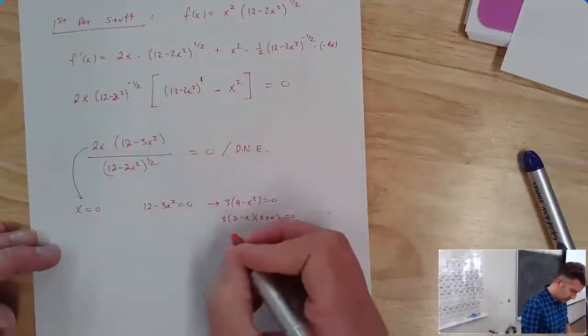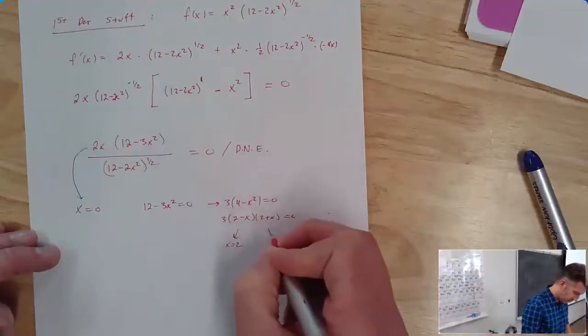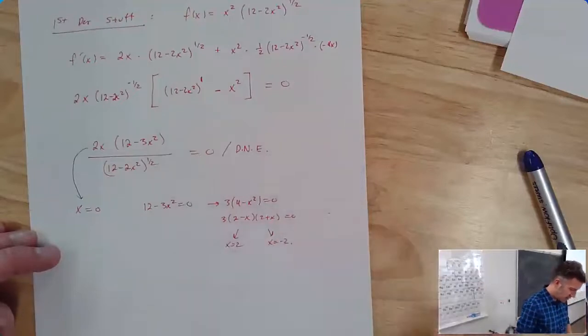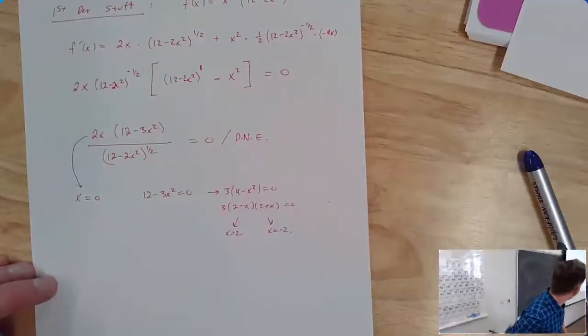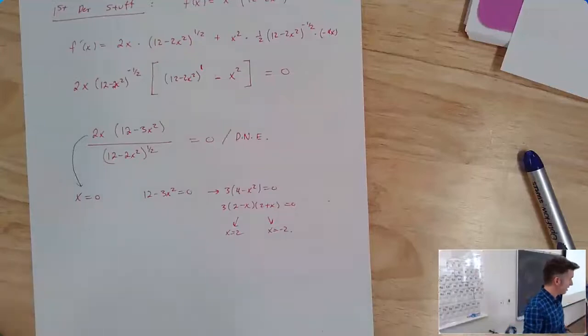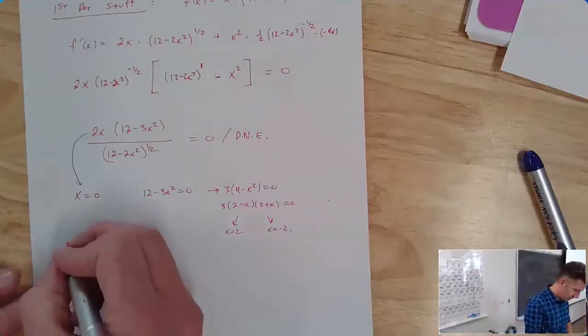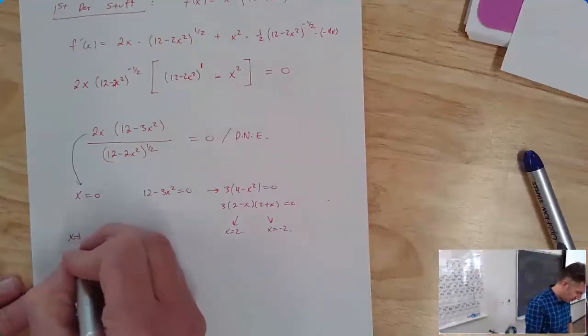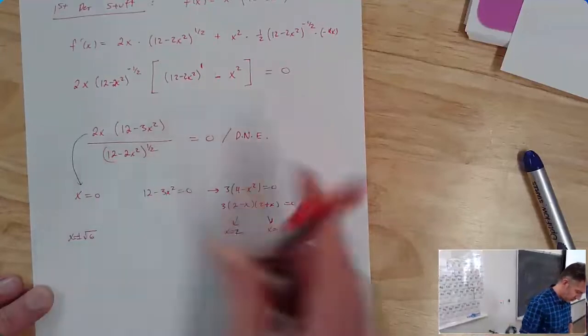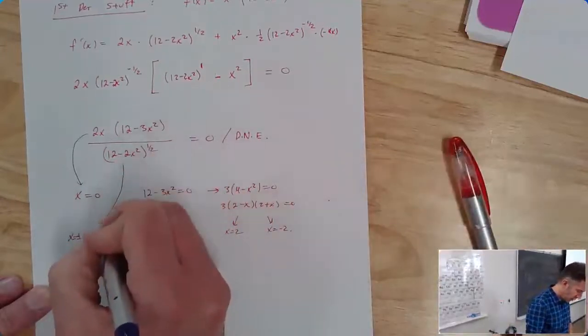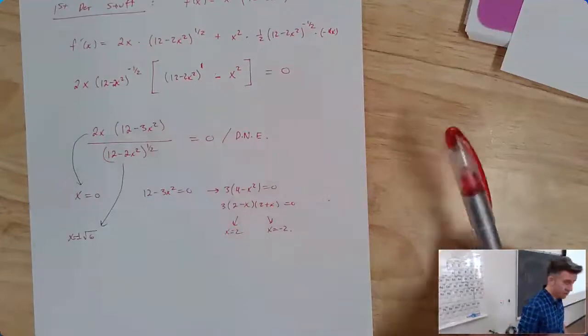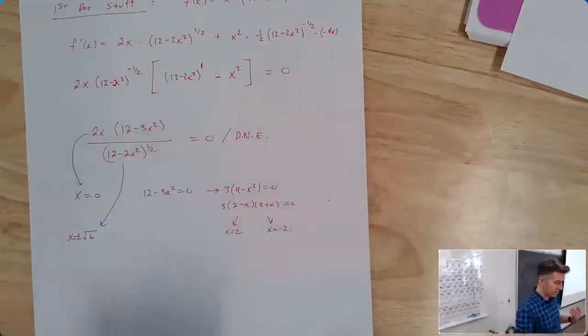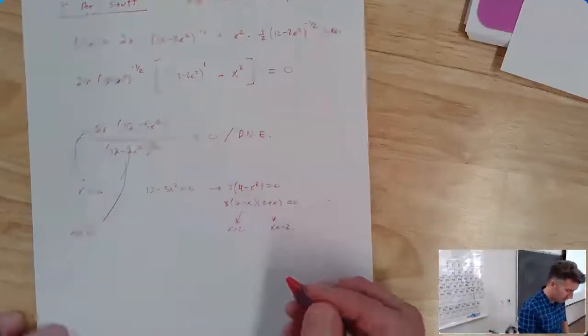So I get x equal to 2 and x equal to negative 2. And technically, I should also include plus or minus the square root of 6, because plus or minus root 6 makes the denominator equal to 0. And that is certainly a critical point, because wherever the derivative is either undefined or 0, as long as it's in the domain, which plus or minus root 6 both are, we're good to go.